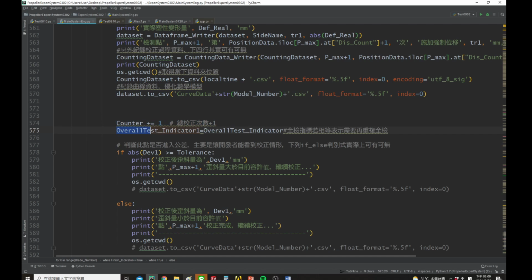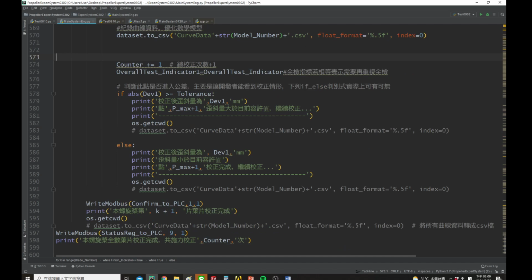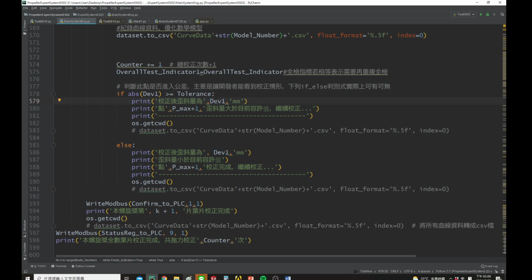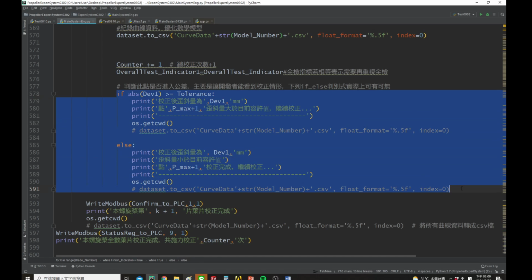After our tuning, we still need to make the overall test indicator equal to overall indicator. Here it shows whether the deviation of the point is under 0.2. This discrimination is not important either.